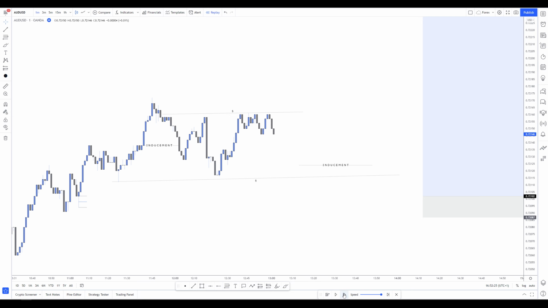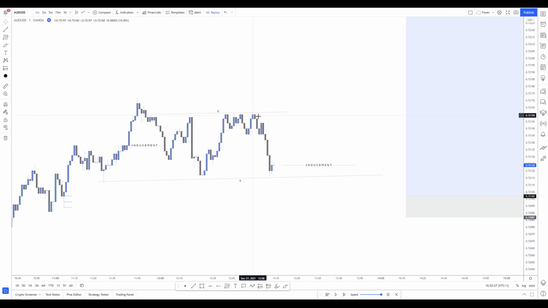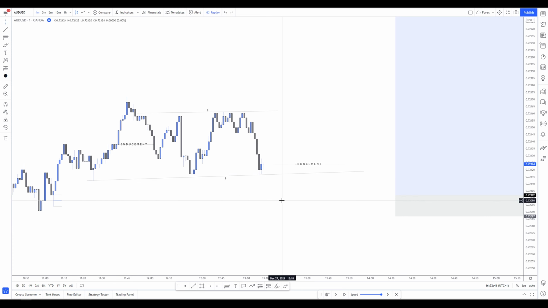Now price was coming down but reacted at this point, so now I saw this and that's crystal clear for me. That's just liquidity that is building up to be taken out afterwards.